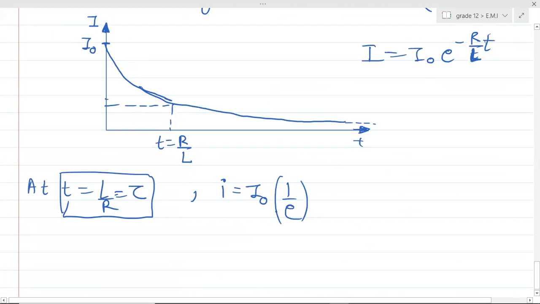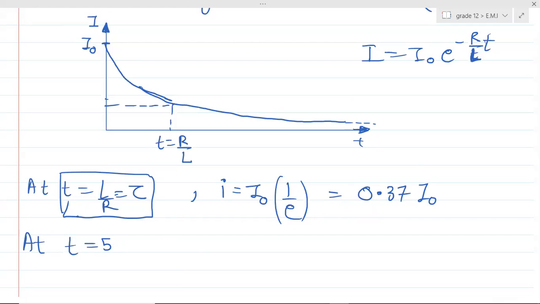And then 1 upon e is nothing but 0.37 times of I. 37% here, while it was 63% there. So everywhere it should be L by R. Yes. The time constant in an RL series circuit is L by R. In an RC circuit it is RC, R multiplied by C, right?